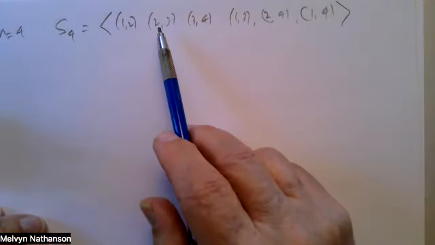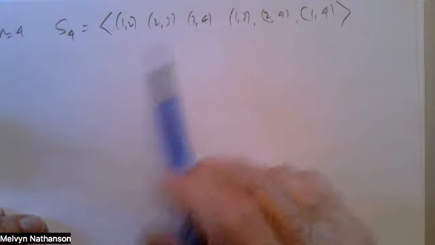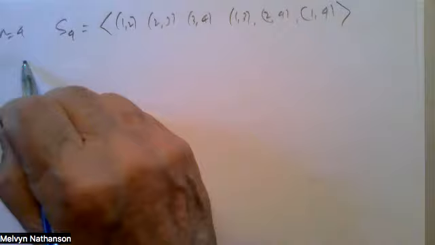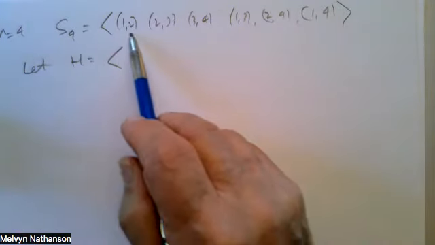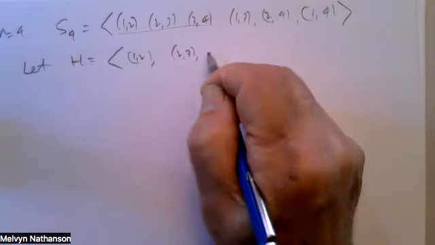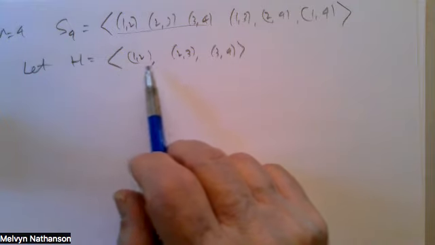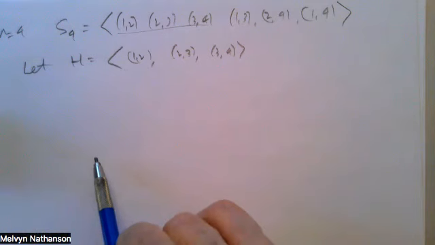There are 6 transpositions, 6 ways to choose 2 elements from 1, 2, 3, and 4. And I want to let H be the subgroup generated just by the transpositions which are consecutive elements. So I have to show that each of these transpositions can be written as a product of (1 2), (2 3), and (3 4).